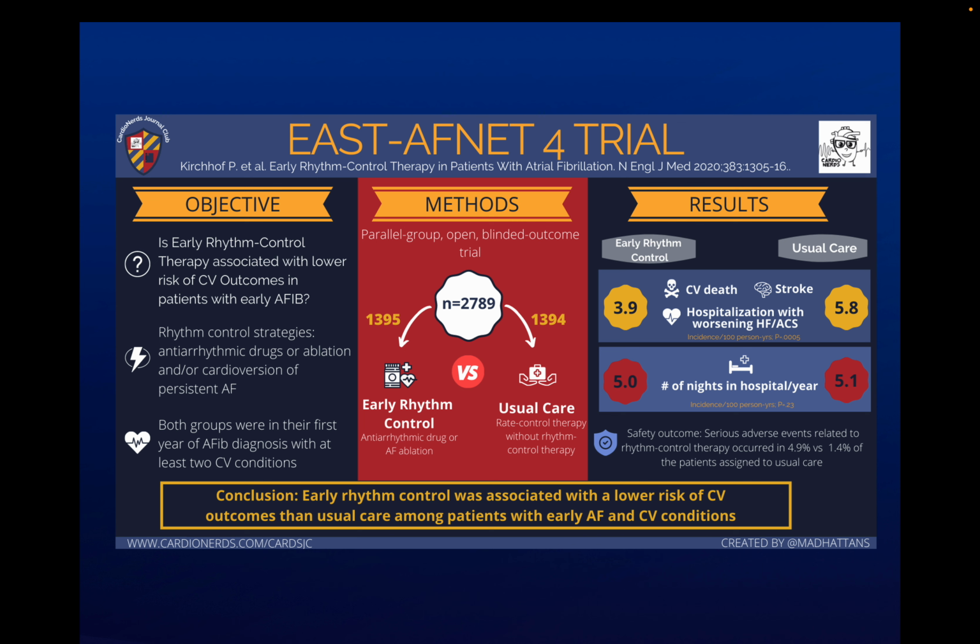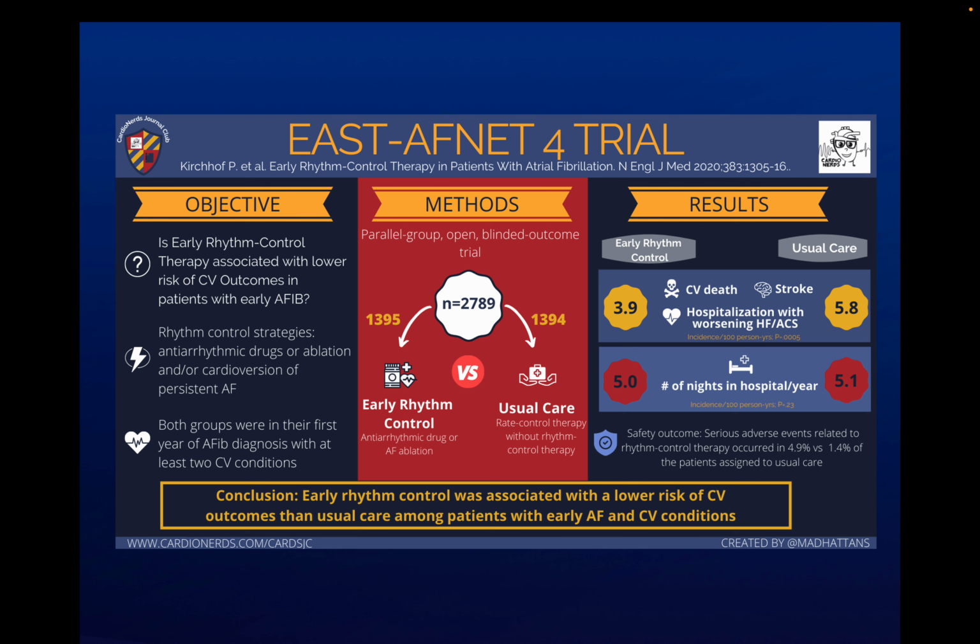Serious adverse events resulting from rhythm control therapy happened in 4.9% of patients compared to 1.4% of patients assigned to usual care. Therefore, early rhythm control was associated with lower risk of cardiovascular outcomes than usual care among patients with early AF and cardiovascular conditions, at perhaps a slightly increased risk of serious adverse events in the rhythm control therapy arm.